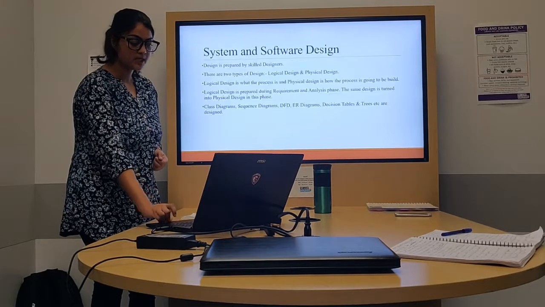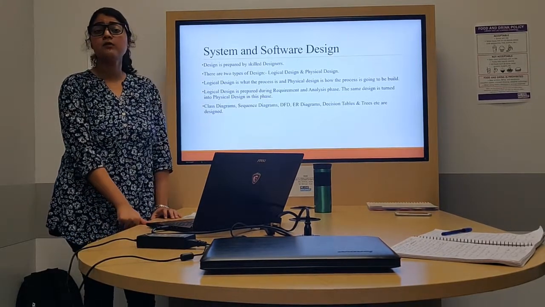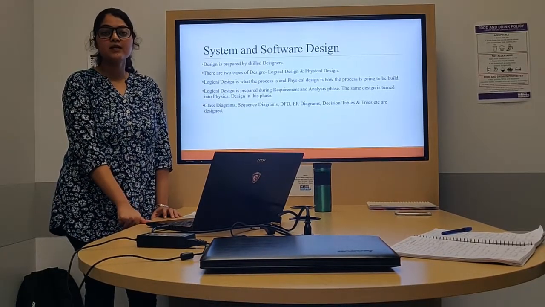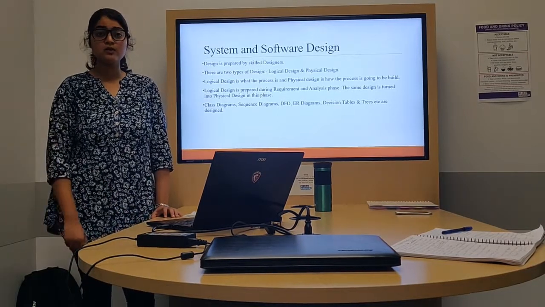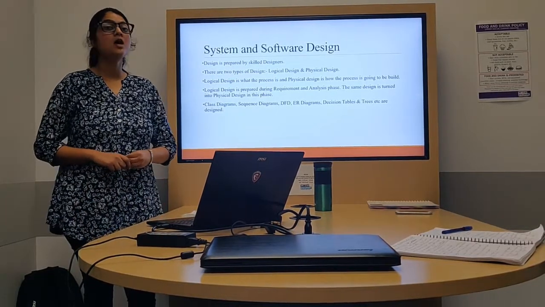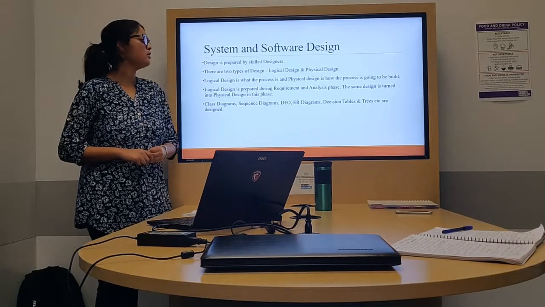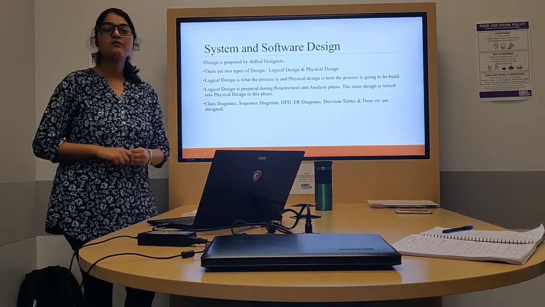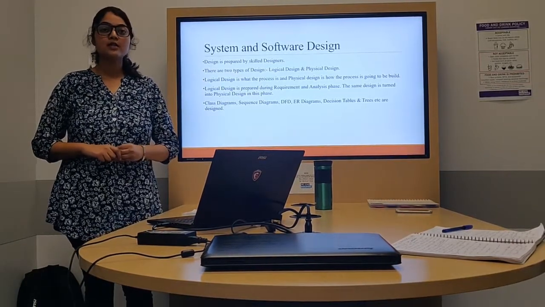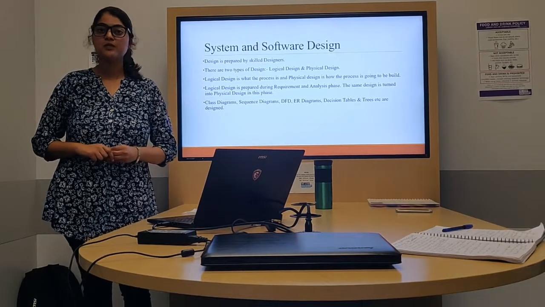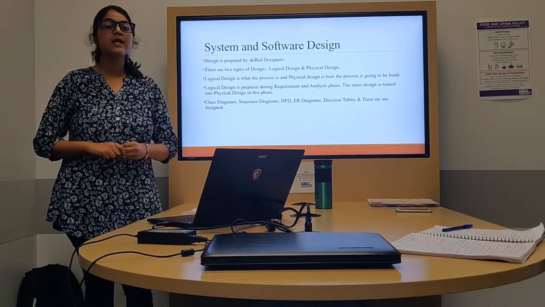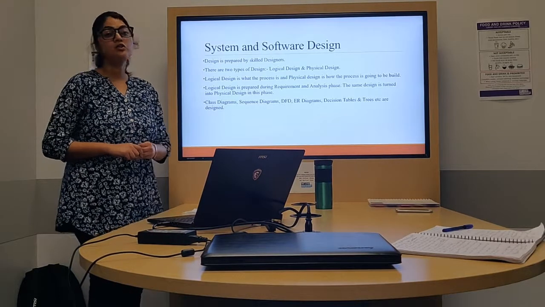After the requirement analysis, there is system and software design. Design basically includes the architecture of the system that is going to be developed. Design is of 2 types, logical design and physical design. The logical design consists of the conceptual representation of the whole system. It tells what the system actually is.